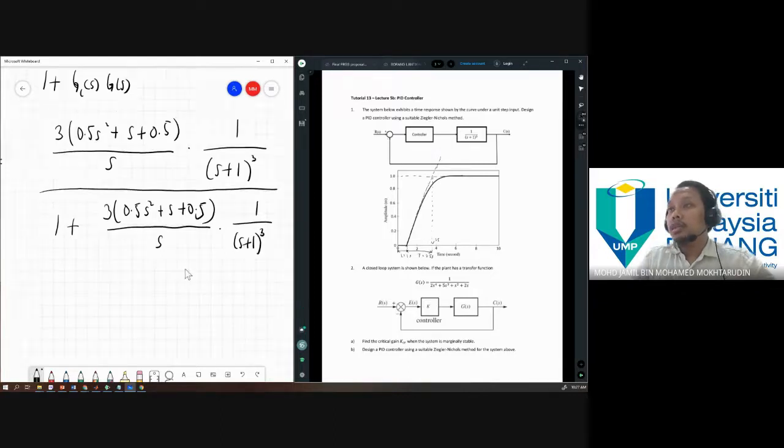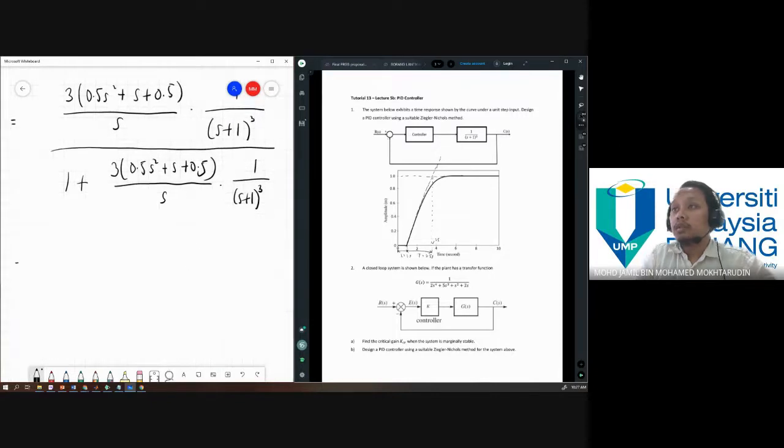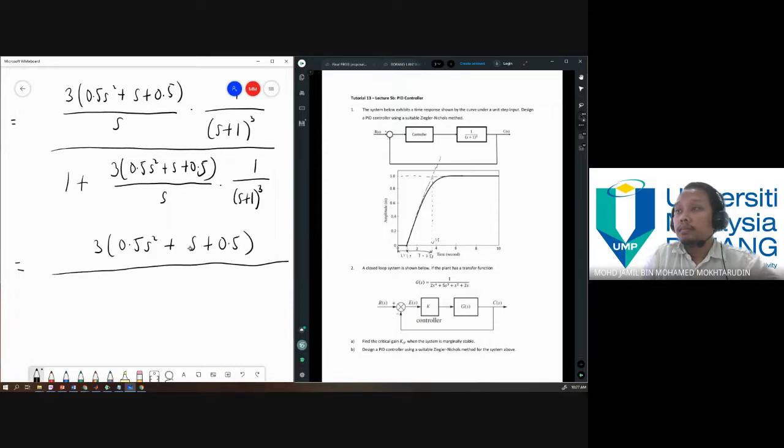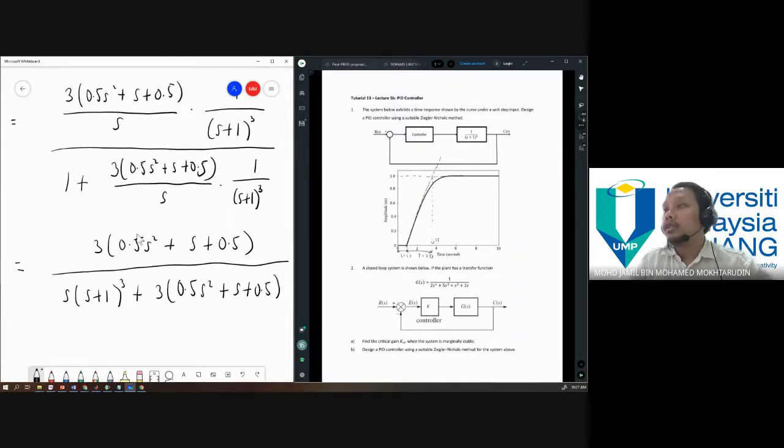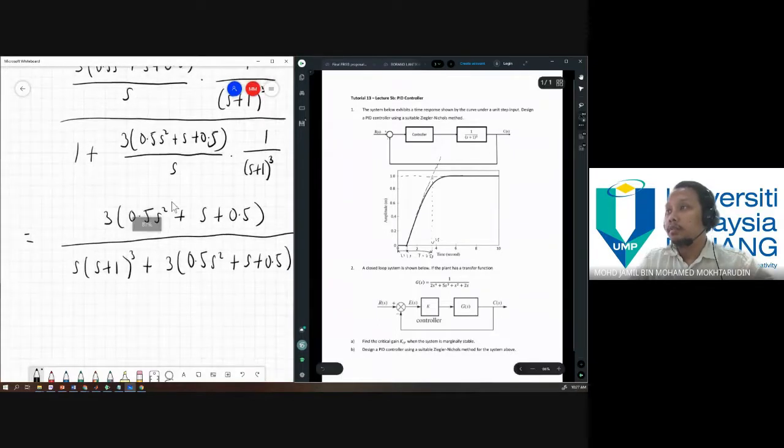Okay, then simplify the transfer function. Okay, so this is the final closed loop transfer function of the system.